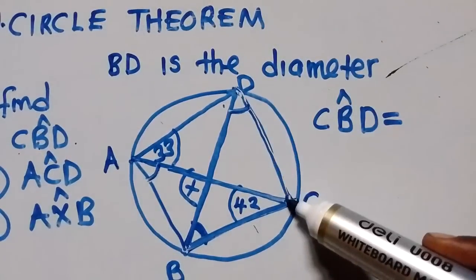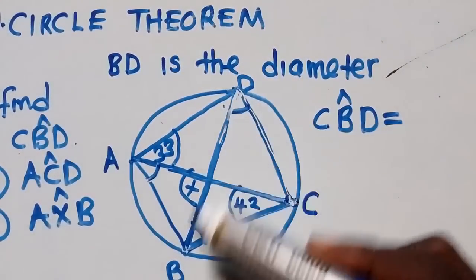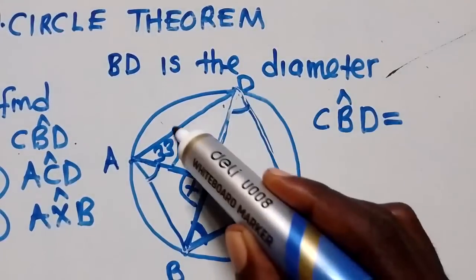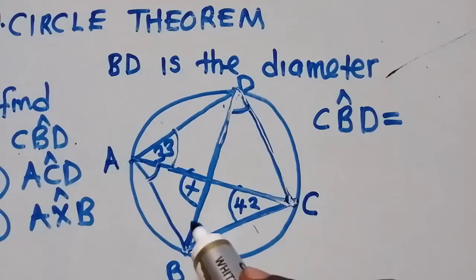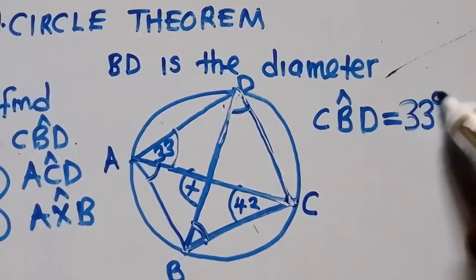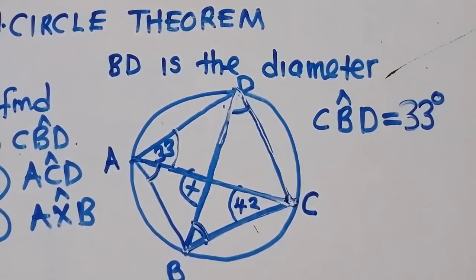So the angle which is here and the angle which is there are equal. I've used a principle, so the answer there is 33 degrees. That's how you need to answer it.